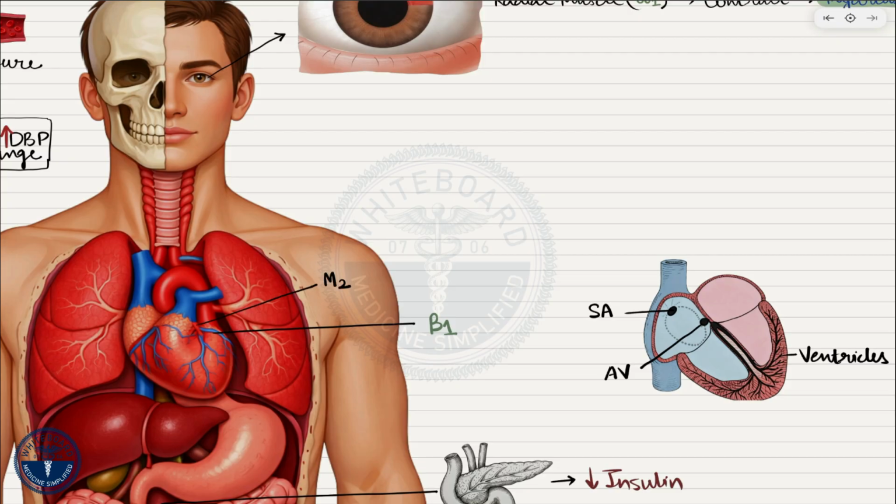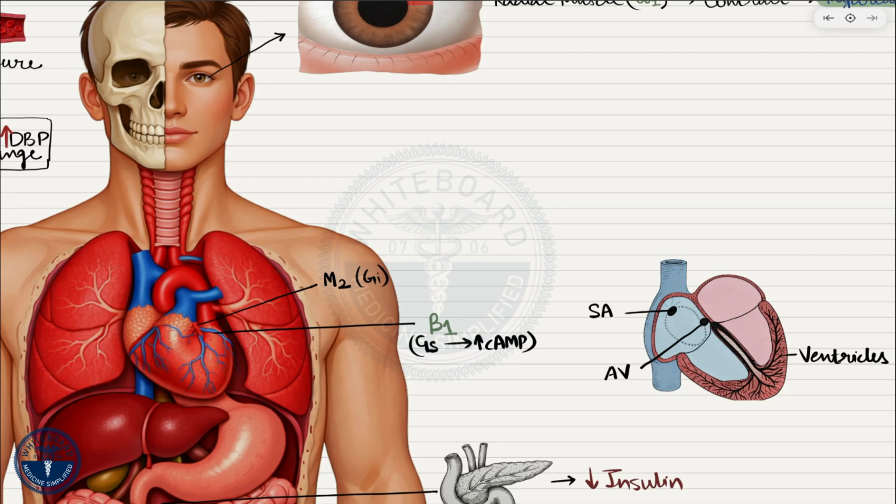Unlike the M2 muscarinic receptors that we discussed earlier, which are Gi coupled and slow down cardiac activity, beta-1 receptors are Gs coupled and increase cyclic AMP levels. Therefore, beta-1 receptor stimulation produces effects that are opposite to those of M2 receptors.